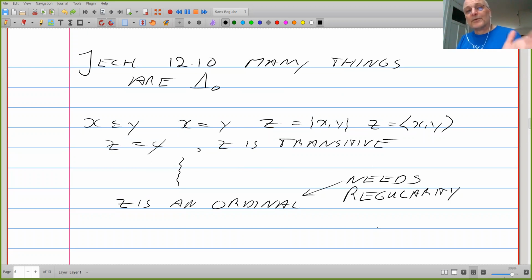But once you know what an ordinal is, and you could do it delta zero, you can also do limit ordinal, successor ordinal, omega. You can write down an equivalent definition of omega that only uses bounded quantifiers. And you can also write down for every natural number a delta zero formula that actually characterizes that natural number.